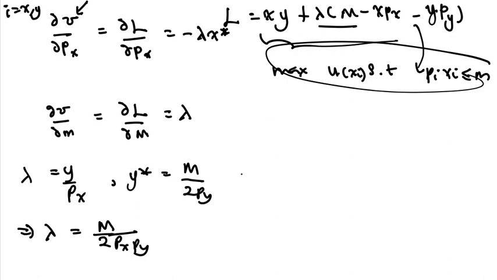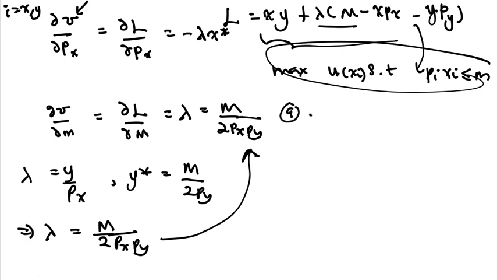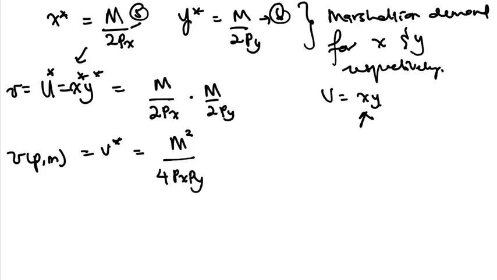So that means lambda here is actually this: m over 2 px py. Can you see? Because we substituted back here. All right. So I call this one expression 9. I did forget to write some numbers here. So let's say this one, 5 and 6.